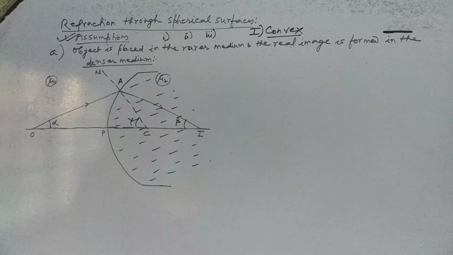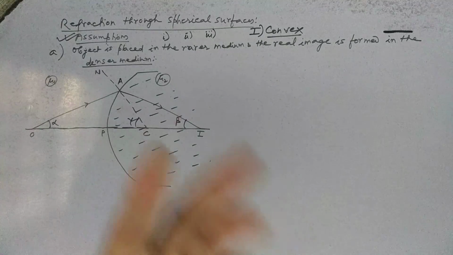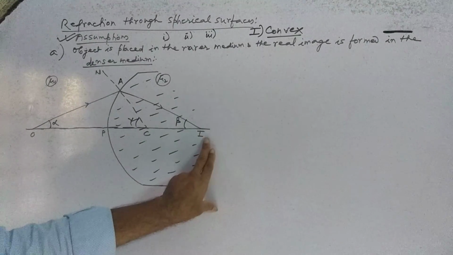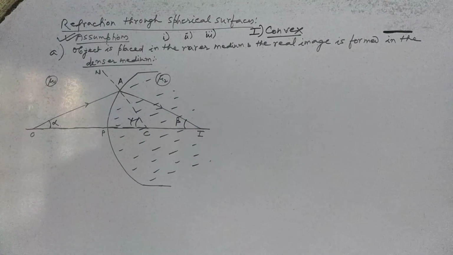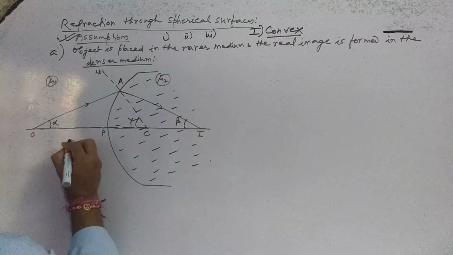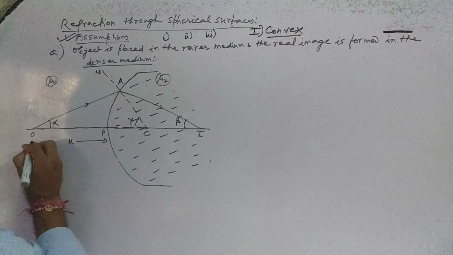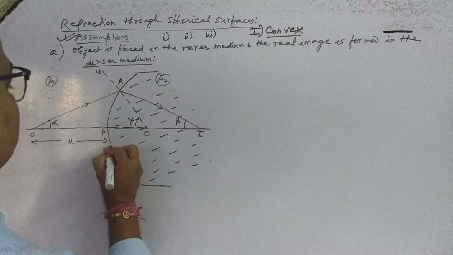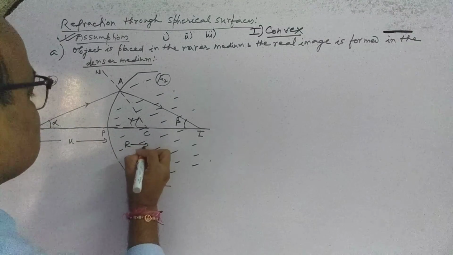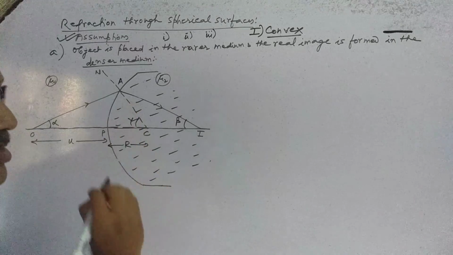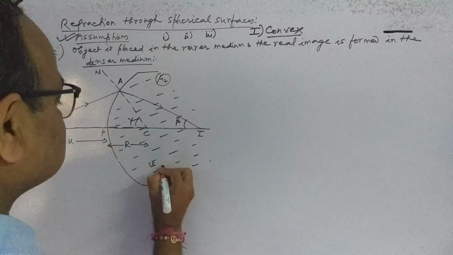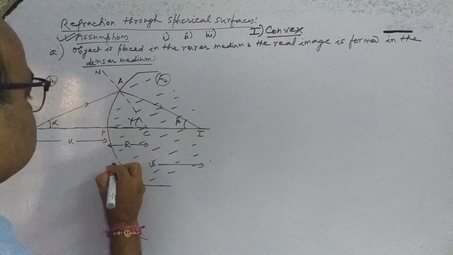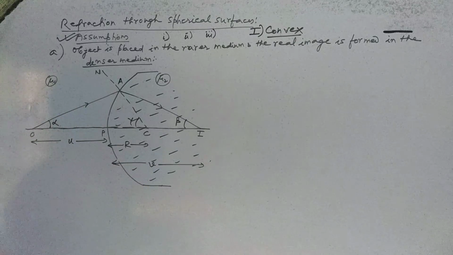You know, a real image is always formed due to the real intersection of the rays. Here the real image is formed. That means from the pole to this is u, the object distance. From here it is r, the radius of curvature, and this is v, the image distance.